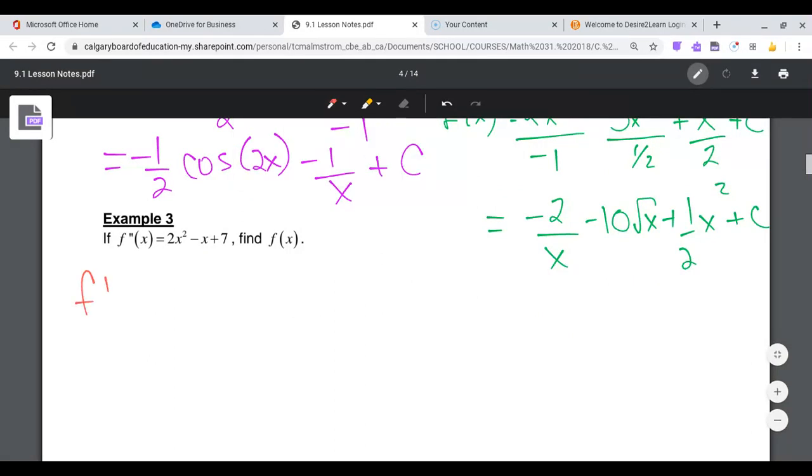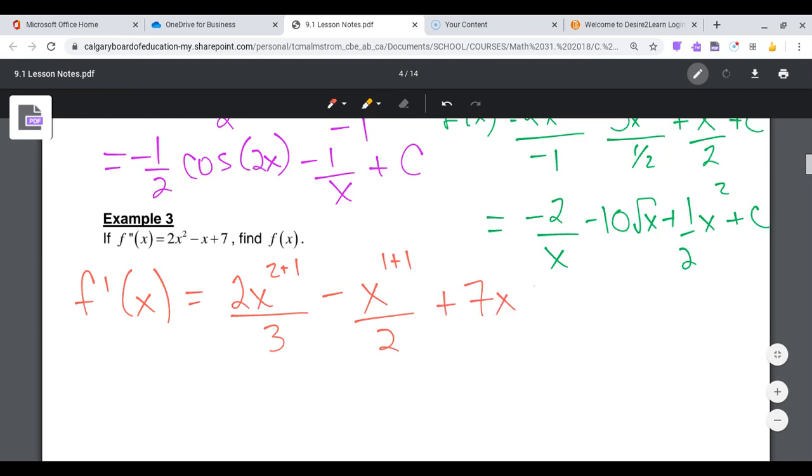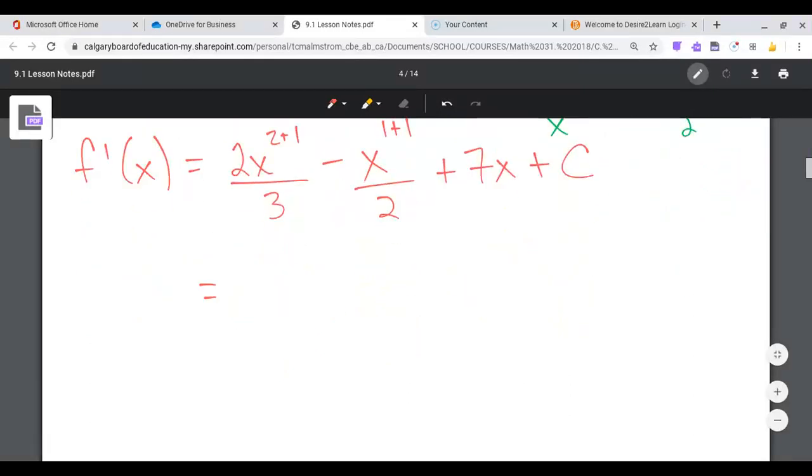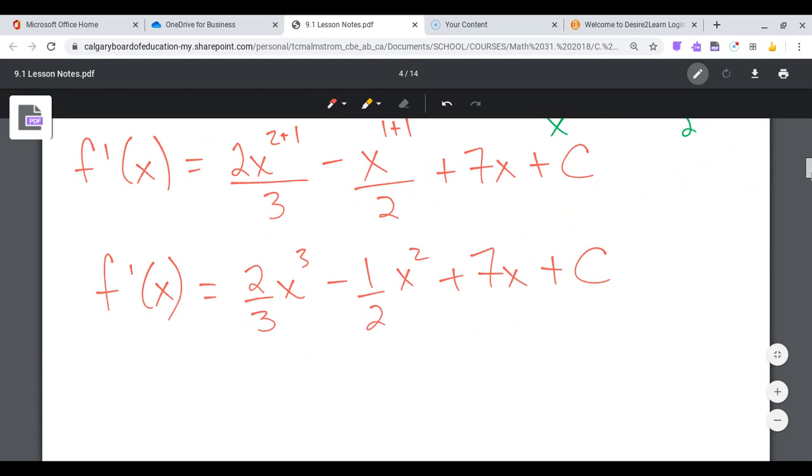Okay, so f prime of x would be 2x 2 plus 1, which is 3, divide by 3, minus x, 1 plus 1, which is 2, divide by 2, plus 7x plus some constant c, which we might want to just quickly tidy up before we move to the next one. So 2/3 x cubed minus 1/2 x squared plus 7x plus c. So that would give me the first derivative.